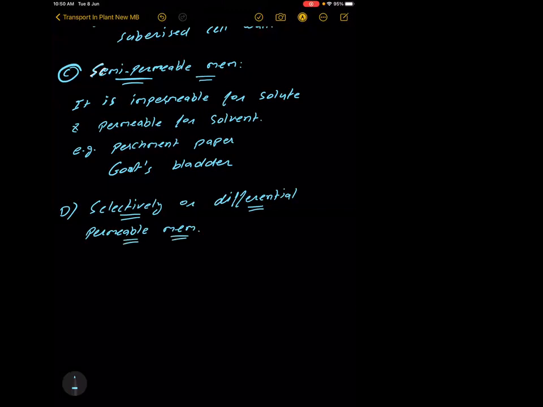Mostly they allow smaller ones, but large molecules like proteins, polysaccharides and lipids are not allowed through the membrane. So this membrane is selective. It is permeable for gases, ether or alcohol, which are actually solvents, alcohol, ether, water, but it is impermeable for large molecules.